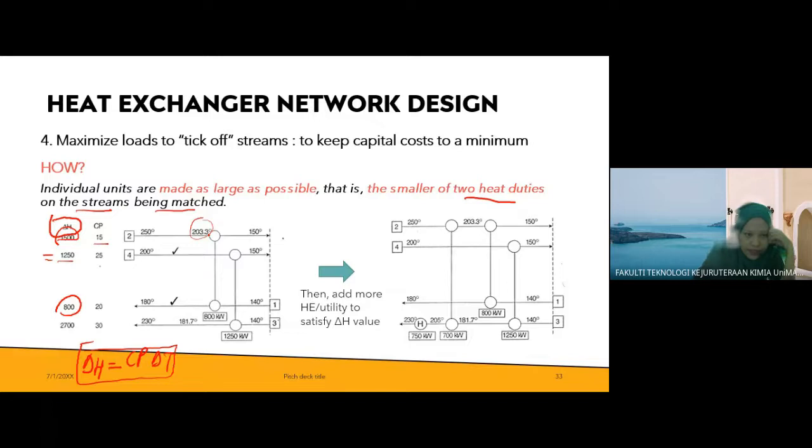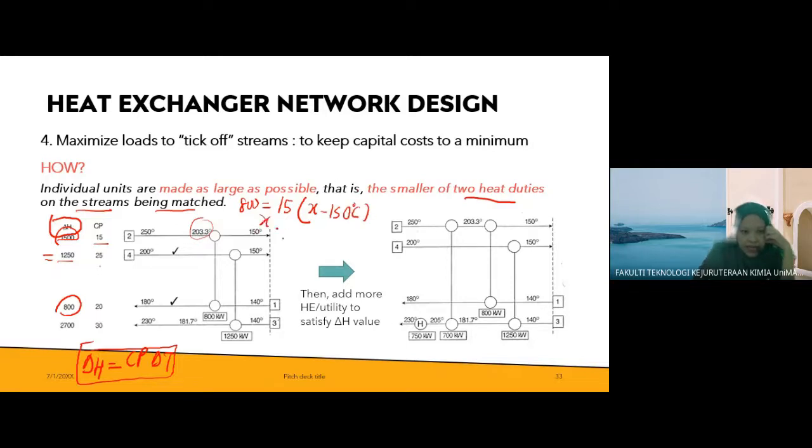So how to get the 203.3 here? You know that your delta H here is 800, okay? Equivalent to CP equal to 15 times delta T. So delta T, meaning X minus 150, right?